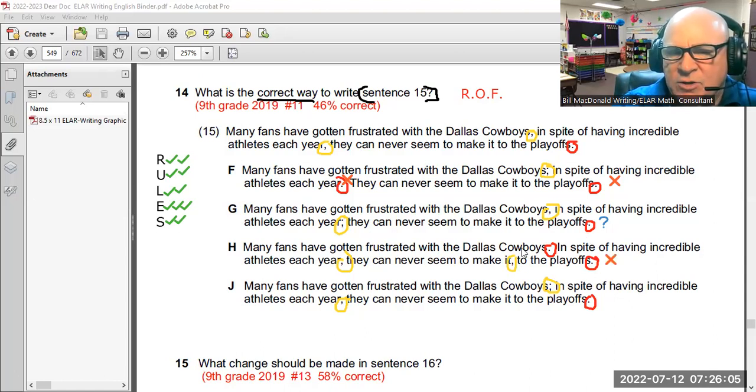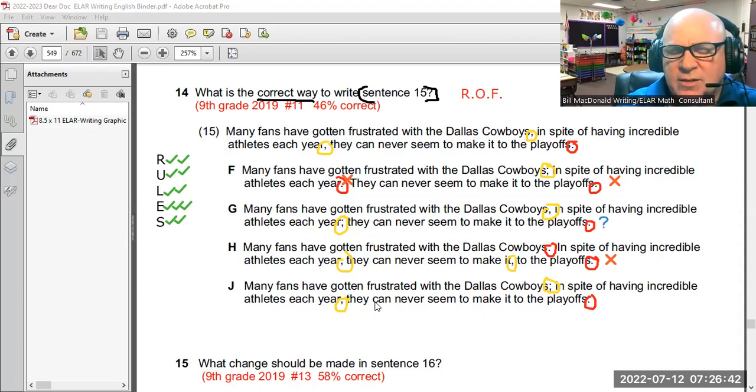That means it's either going to have to be G, where it sounds kind of awkward, or it's going to be J, and you'll see why the students had trouble with one like this, because of the way that they switched the sentence around a little bit and decided to put the semicolon and follow it with an introductory phrase and an independent clause.